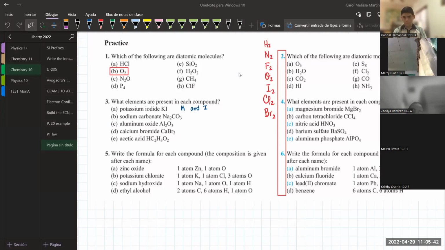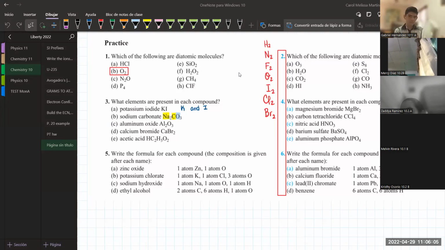The second one says sodium carbonate. What elements are making up that compound? Sodium, carbon, and oxygen. I have 3 elements, okay?